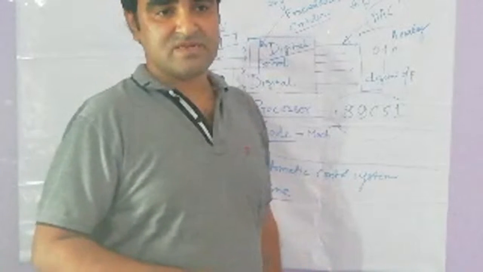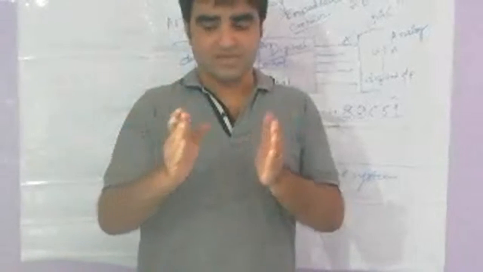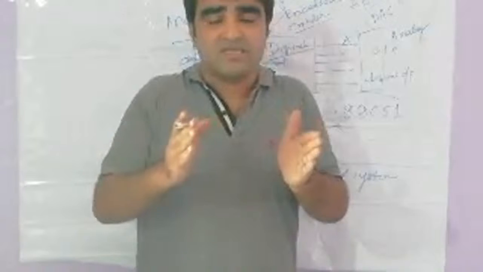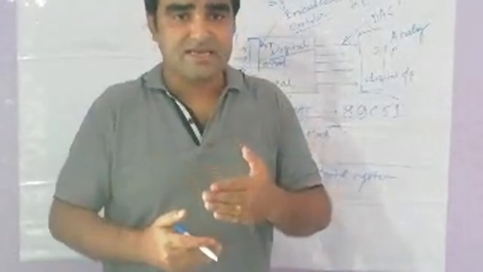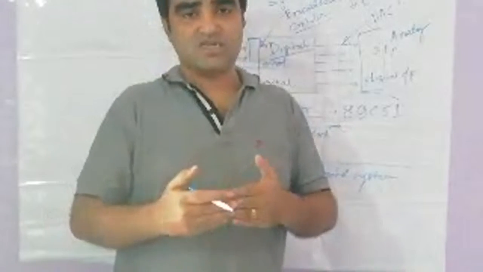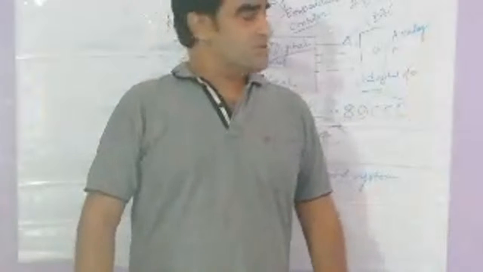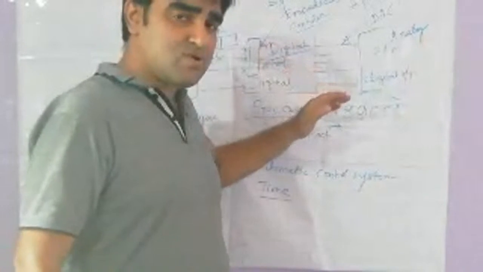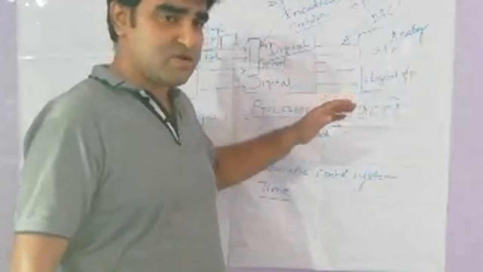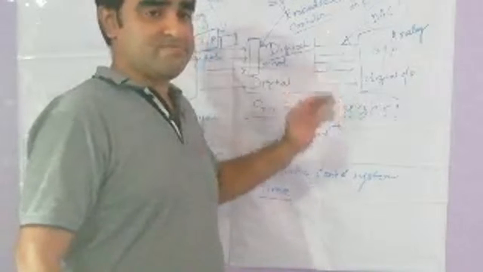On-board PC means the single board PC, which is only using the processor, and that processor is capable to process large, huge information. So the selection of the microcontroller or the processor is also an important part.